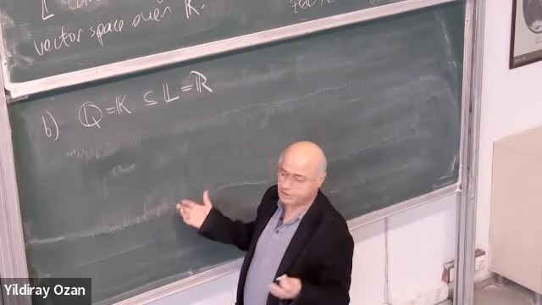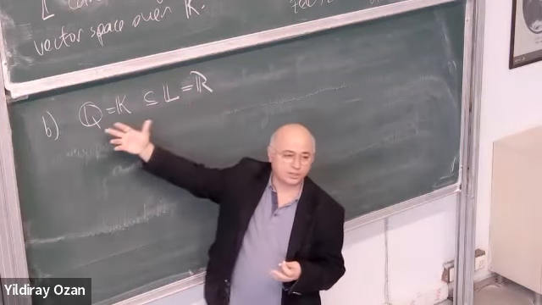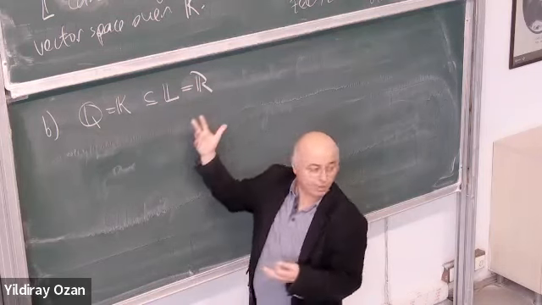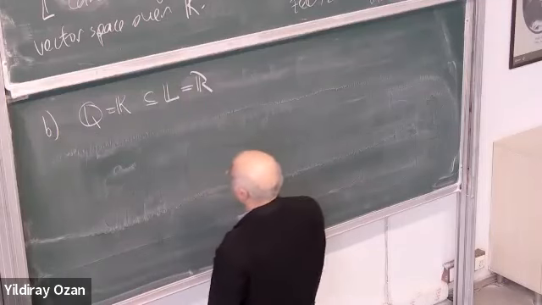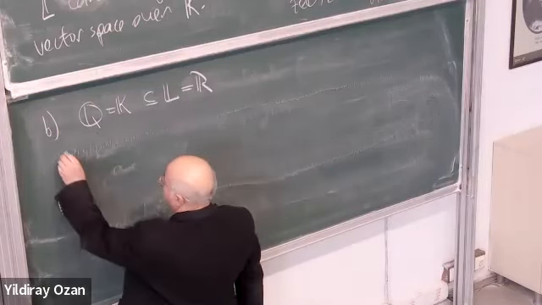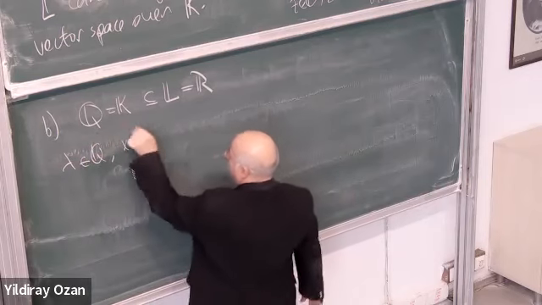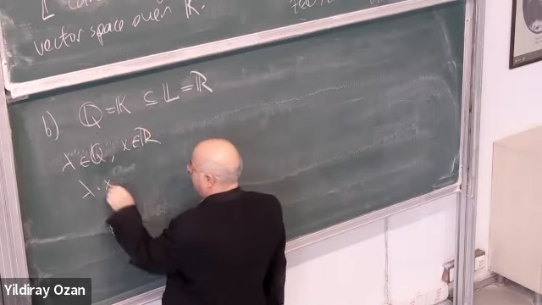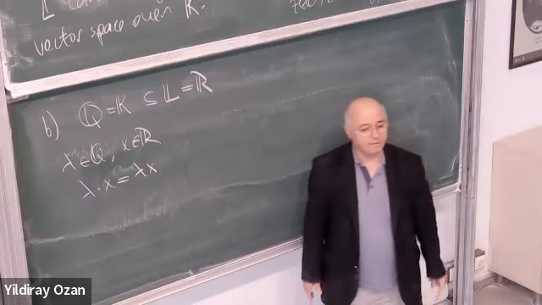What is the multiplication? Well, any rational is just a real number. So I know how to multiply real numbers. So it's just the usual multiplication. So if you have a rational number and a real number, what is the multiplication here? Just multiplication of two real numbers. Okay.